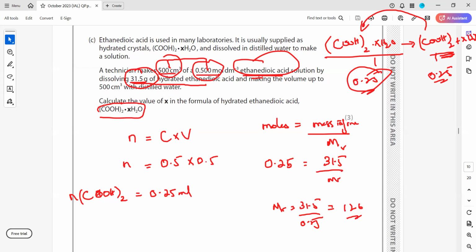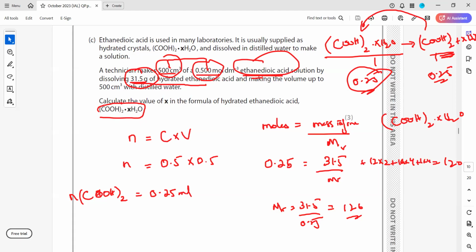Now, the total molecular mass of this compound, (COOH)2.XH2O, is 126, which includes carbon. How many carbon are there? Two carbon, and each is 12. It includes oxygen, 16, and how many oxygen are there? Multiply by 4, because 2 multiplied by 2. And it includes hydrogen, 1 multiplied by 4.